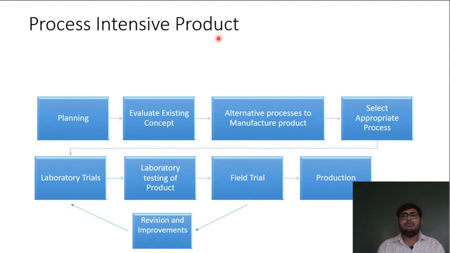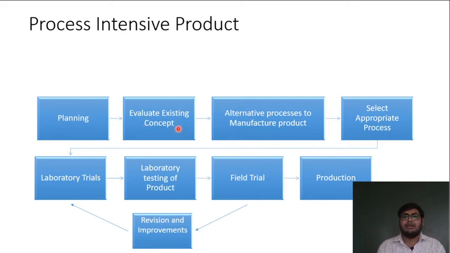So how to develop this process intensive product? For that, after planning and evaluating existing concept, that okay, how to manufacture this product, we will need some raw material, we need some heat treatment, we need some mixing, we need some hydration and dehydration processes. All this will be evaluated in here.